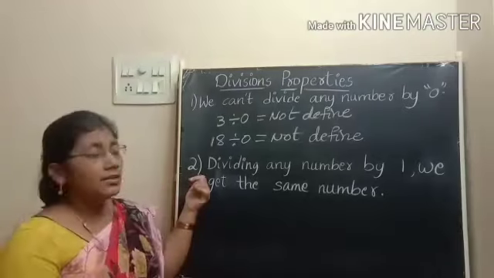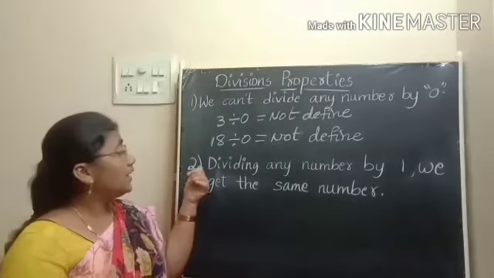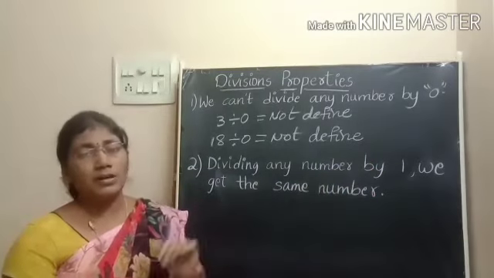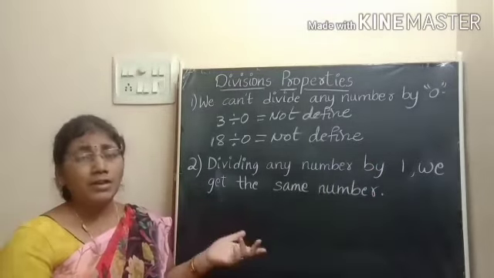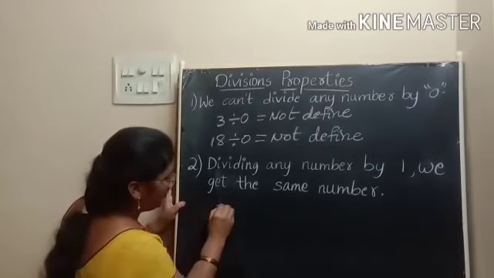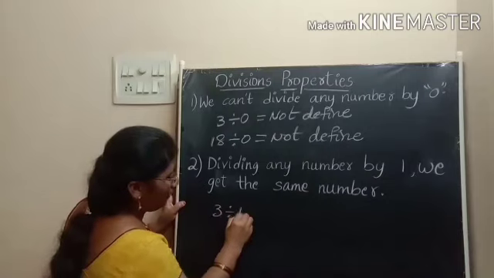Let us see the next property. Dividing any number by 1, we get the same number. For example, 3 divided by 1.